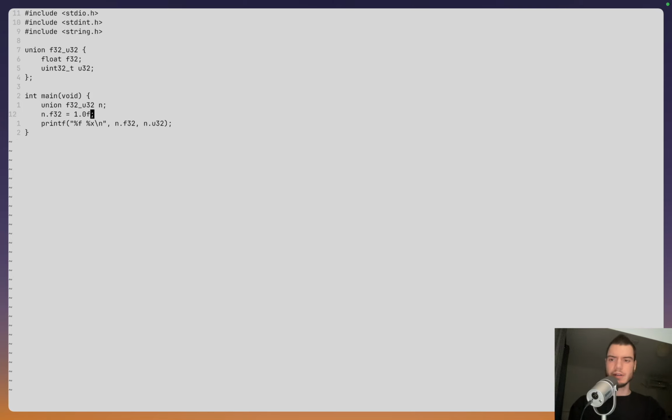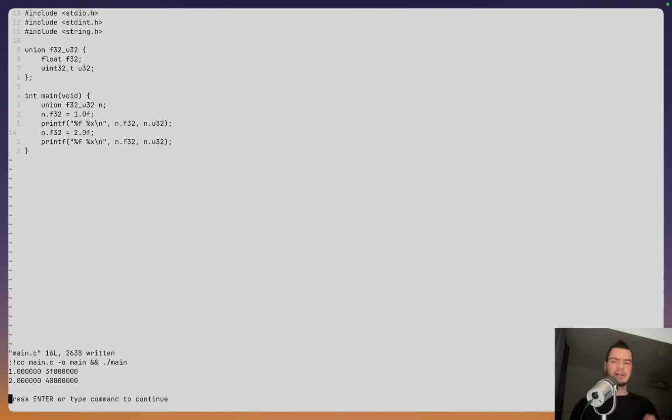And let's just try this for another value. Let's, for example, look at the floating point value 2. And here we can kind of see the first interesting thing, which is by adding 1 to our floating point value, we've changed a bit or multiple bits.